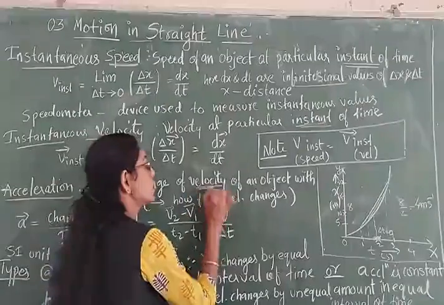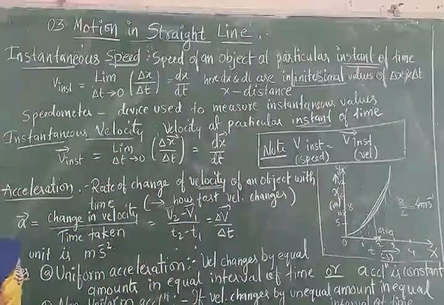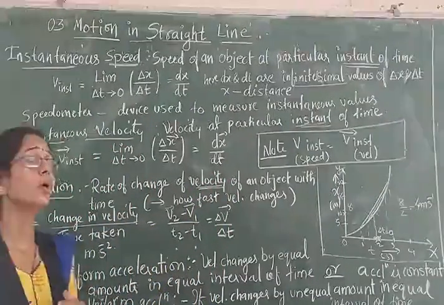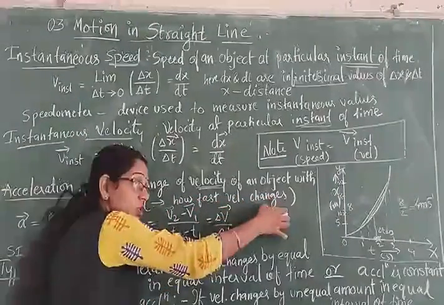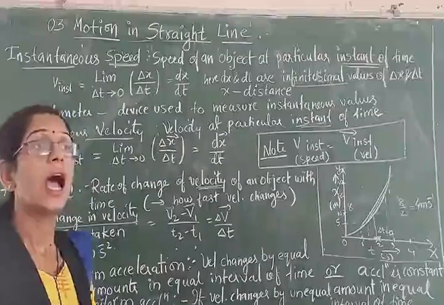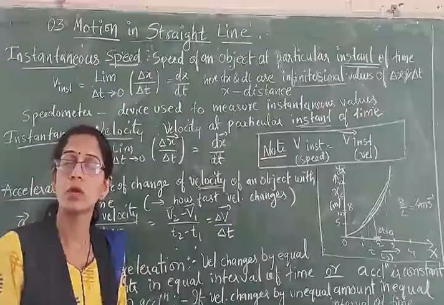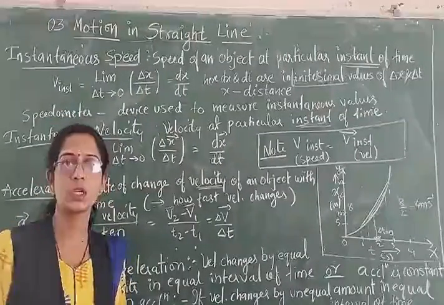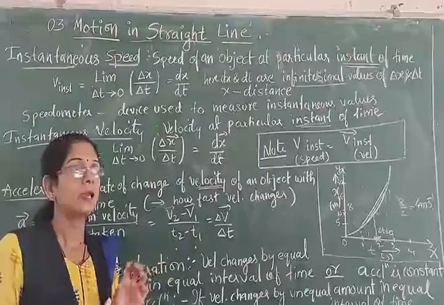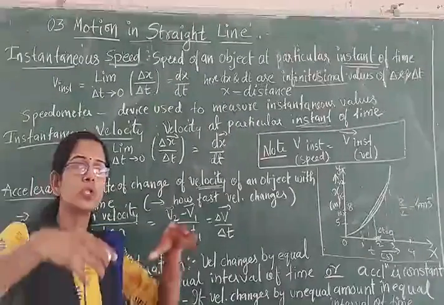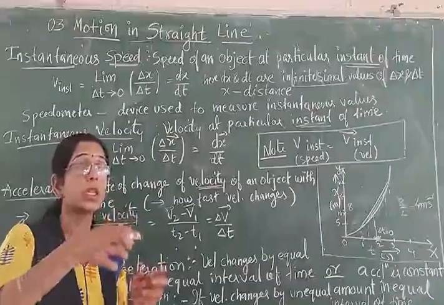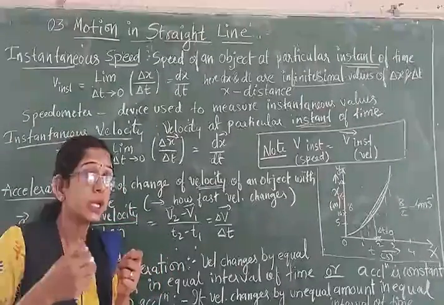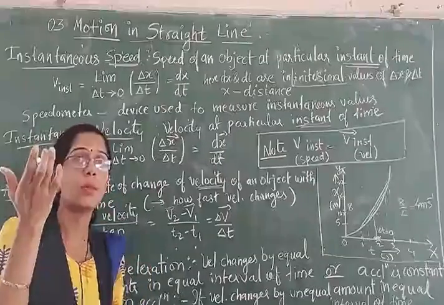Which quantity is changing now? The velocity of the object is changing with respect to time. So it will give you how fast the velocity changes. When do I measure it? I will say that I am calculating the acceleration of the object. So if you use the throttle and increase the acceleration, what will happen? The speed of the object will increase abruptly.